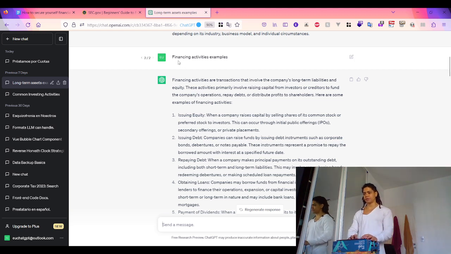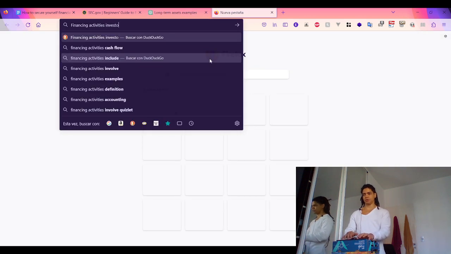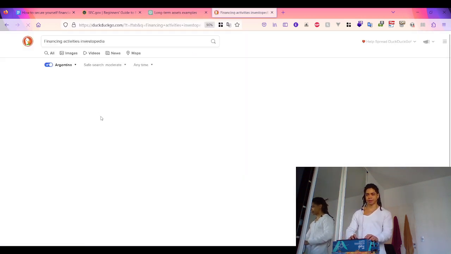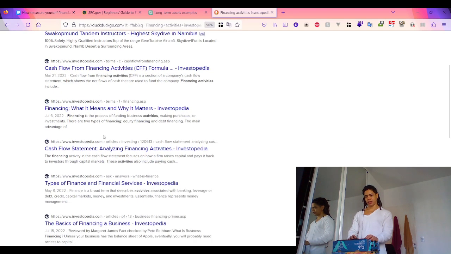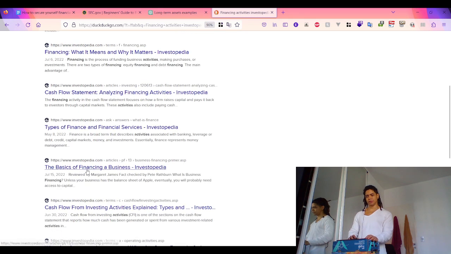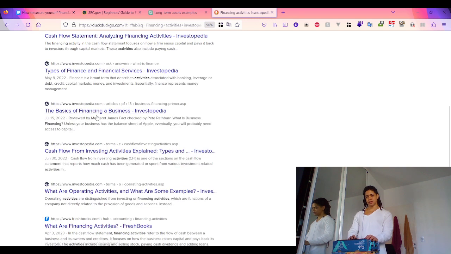Let me look at the definition here of the financing activities from Investopedia. Cash flow from financial activities. Financing, a type of finance and financial service, the basics of financing a business. What are operating activities?